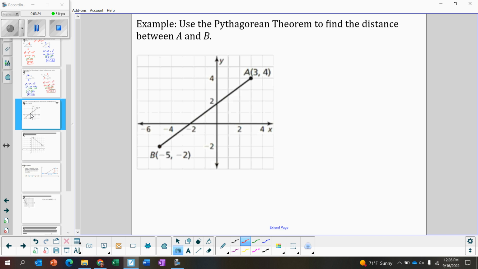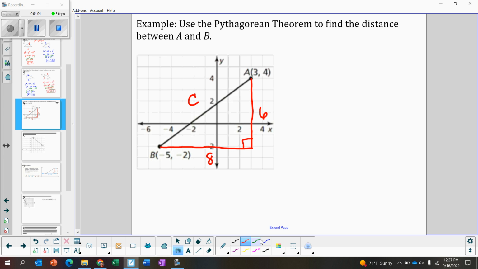We can also use the Pythagorean theorem if we don't have a picture of a triangle drawn yet, because we can draw one. In this one, it says use the Pythagorean theorem to find the distance between A and B. So I am going to finish this picture and make a right triangle using those two segments. Now I'm looking for the hypotenuse. This side can be counted as 6, and this side as 8.